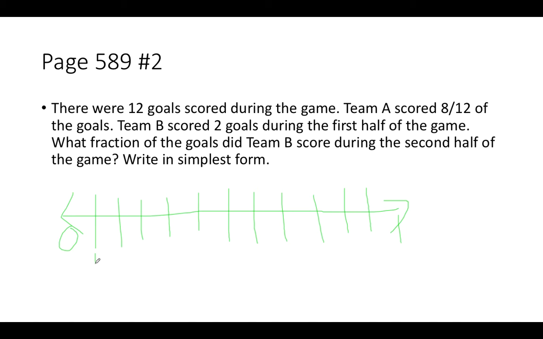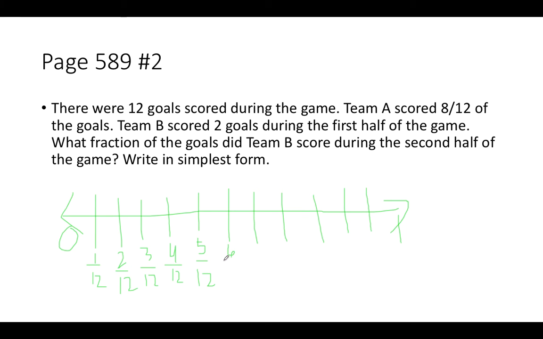So this is going to be 1 out of 12. This is 2 out of 12. 3 out of 12. So 12 is our denominator, and that's how many total parts. That's how we know how many parts to make on our number line, and that's how we know what the denominator is when we are labeling the lines.